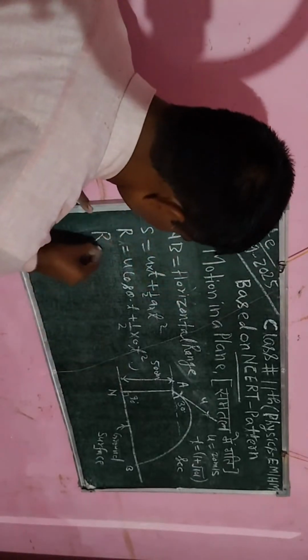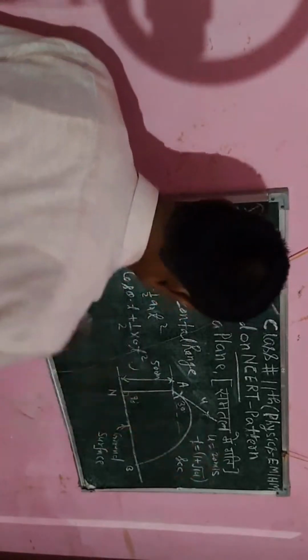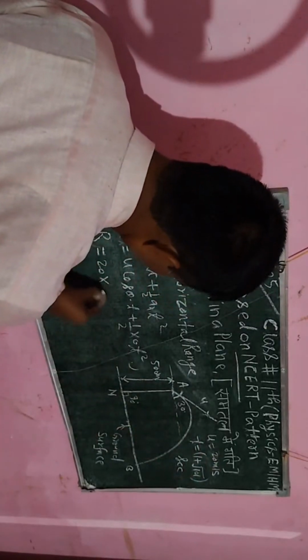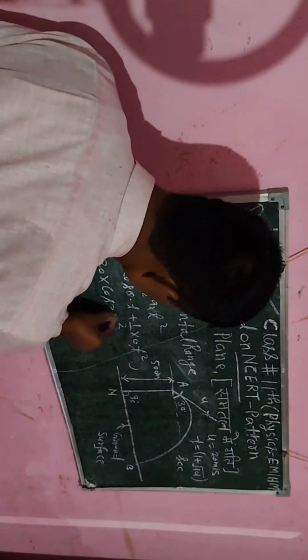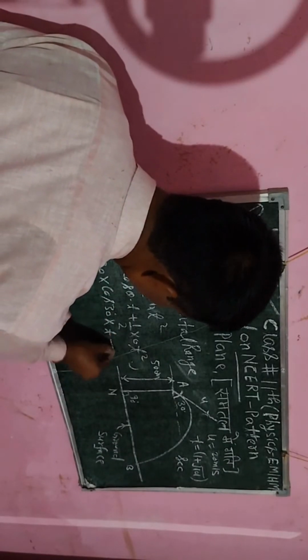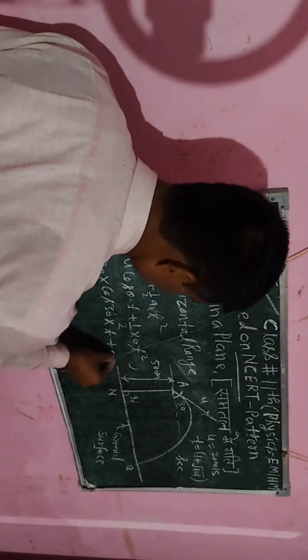Now here I will write range equal to u, where the value of u is 20 meter per second, so I will put 20 cos 30 degree into t. Any quantity multiplied with 0 will be 0.